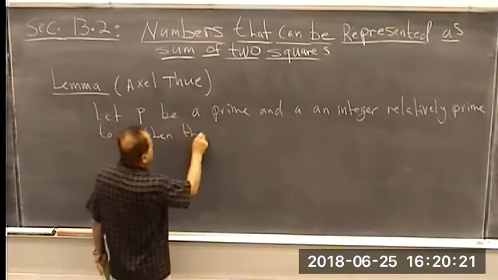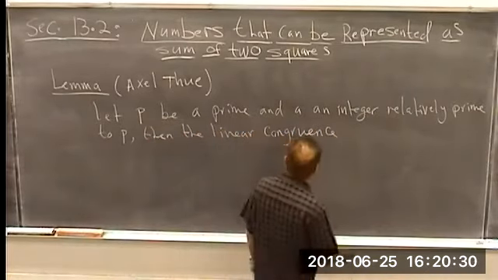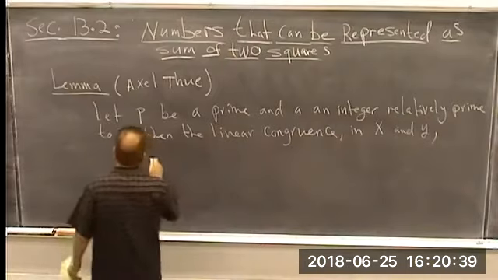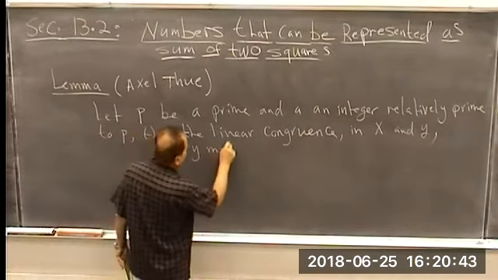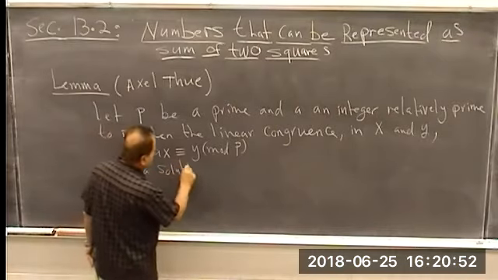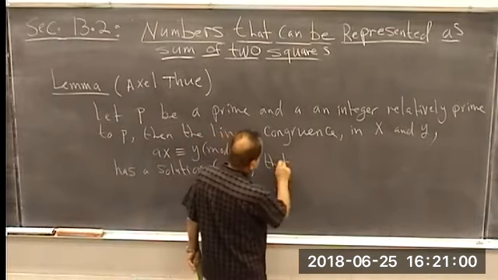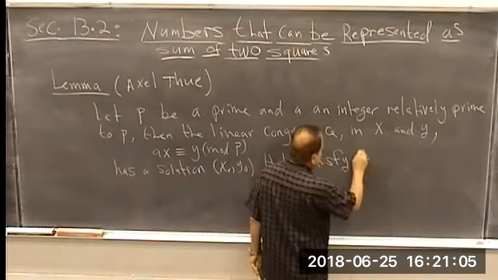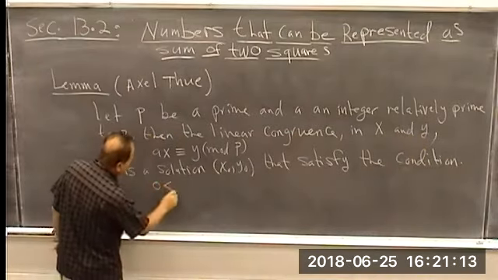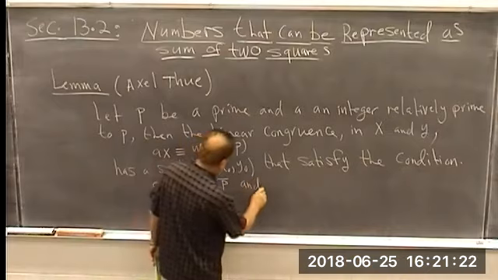Then the linear congruence in two variables x and y, ax congruent to y mod p, has a solution, say x sub 0, y sub 0, that satisfies these conditions: 0 less than the absolute value of x sub 0 less than the square root of p, and the same thing for y.